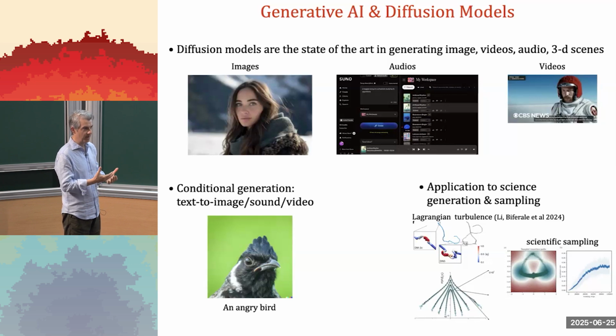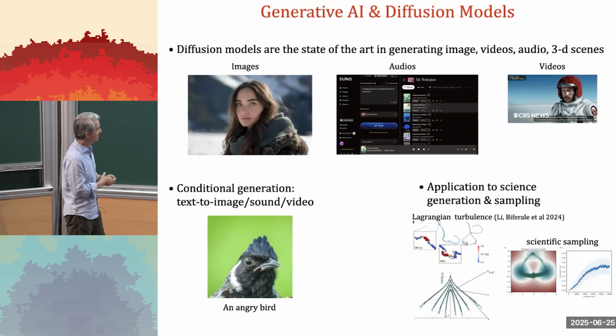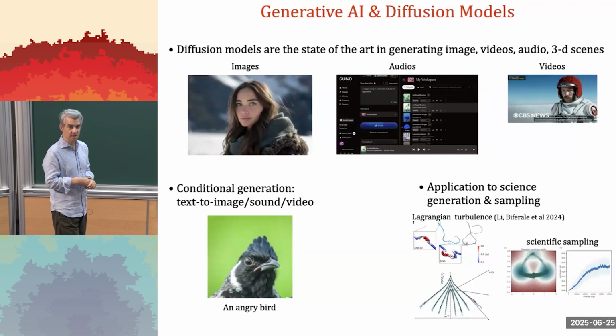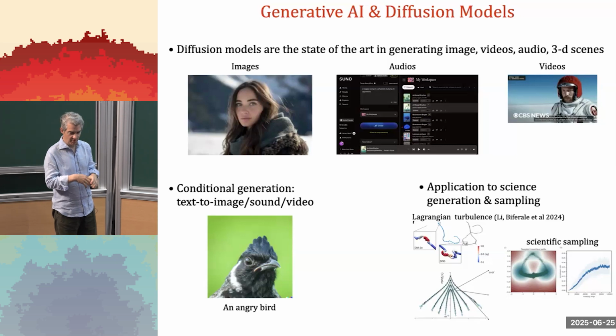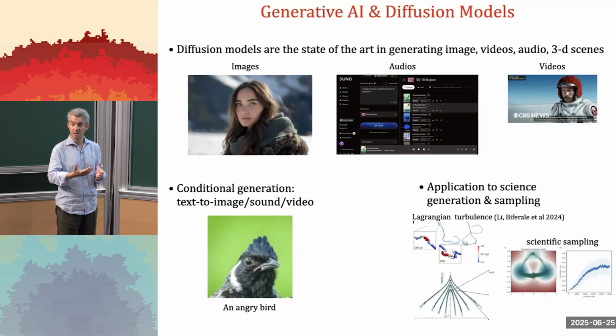I mean, they started to be applied, but I think we will see much more in the future. Just to give you some ideas, for example, there was a nice paper last year on Lagrangian turbulence. If you want to do simulation of turbulence, this can take a very long time. And the idea is, okay, if I can create fast new images, why can I not create fast new configurations of a turbulent flow?